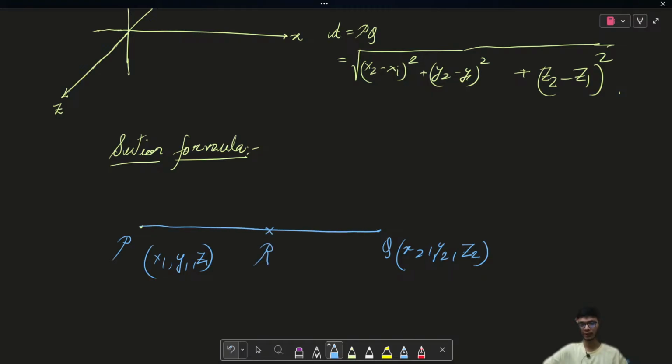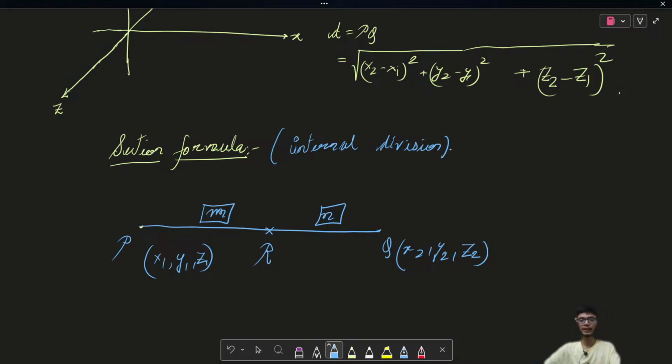Now if I want to find out any point which is internally dividing this particular line in the ratio m is to n, first of all, I need to find out the internal division.